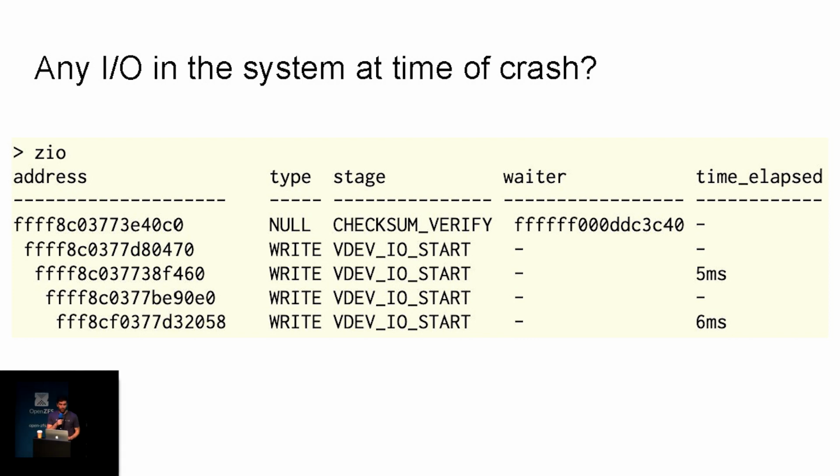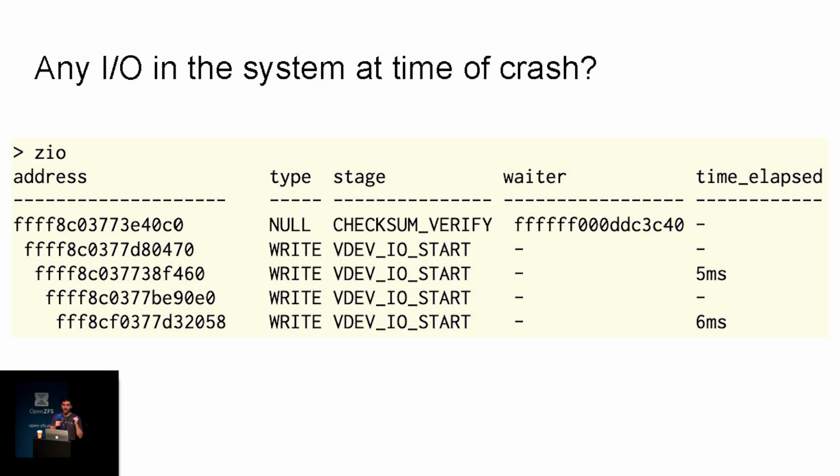Another very useful command that's currently a work in progress. This is the only sample that I could make working for now. I didn't have a lot of time before this presentation, but it is doable, to ask SDB the question of whether there is any I/O currently on the system, specifically at ZFS, and we've developed the zio command where you can actually print all the ZIOs on the system.